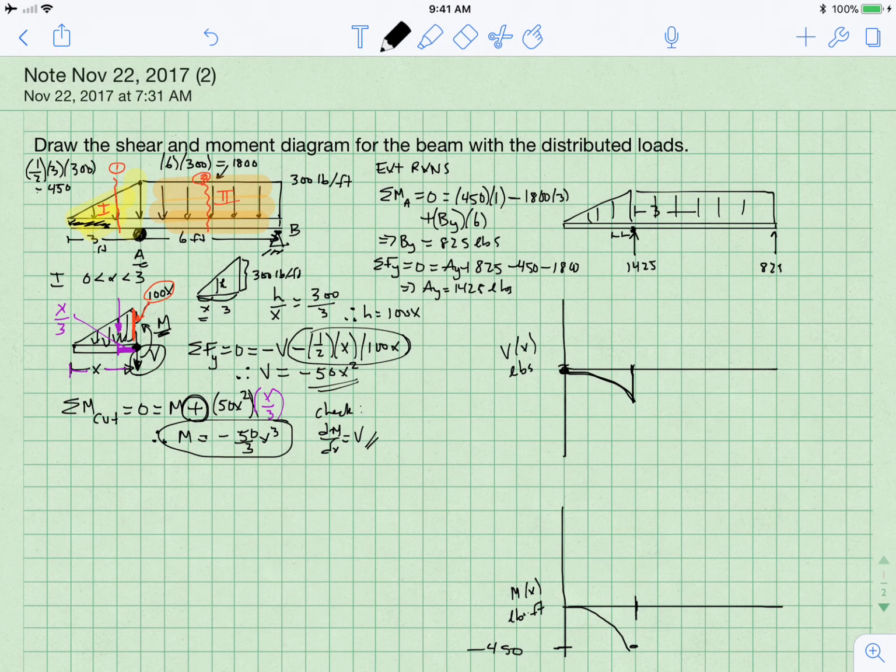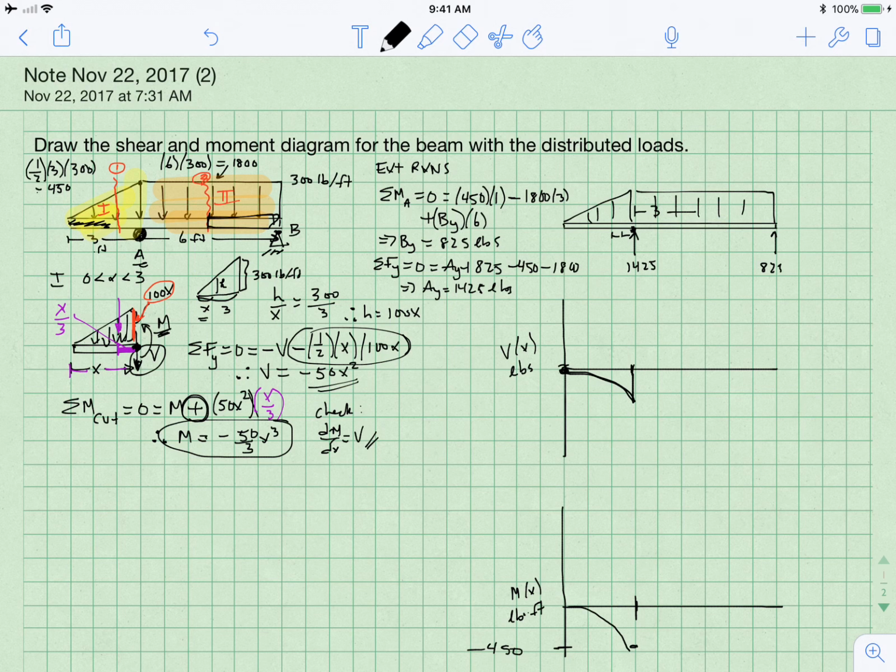All right, so let's now take a look at region 2. So I'm looking at the beam, and I have a choice. I always have a choice about which side of the beam I want to take a look at. And so I think it's going to be easier to take a look at the right-hand side of the beam when I look at region 2.